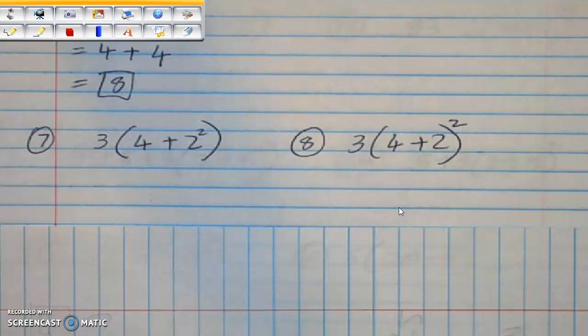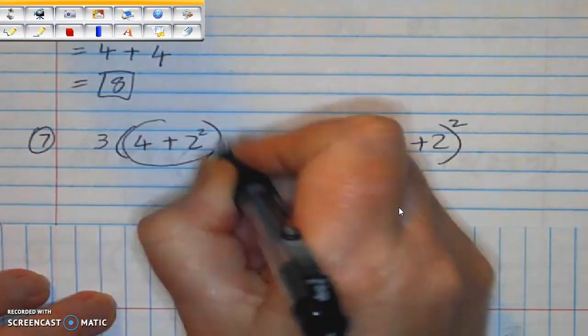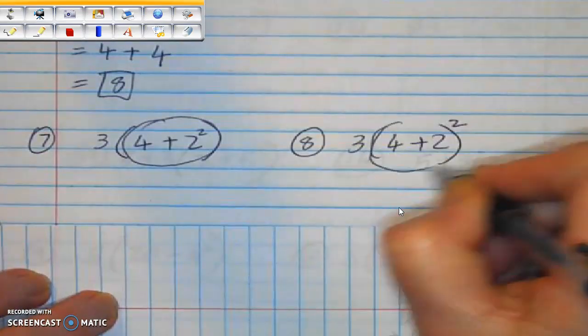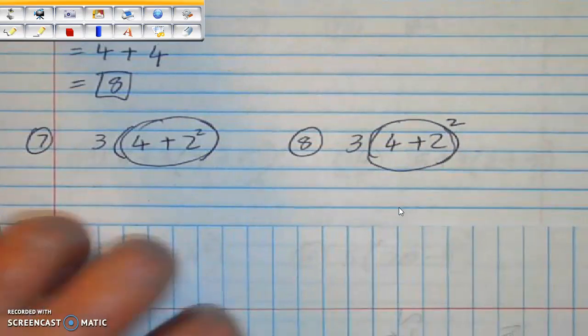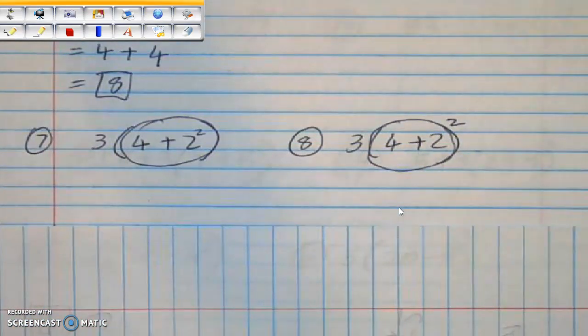One of them has the squared inside the parentheses. The other, the power of 2 or the squared, is outside the parentheses. So remember what I said to you a few moments ago. When you see the parentheses, think of them as a group that you do together. Whatever is inside the parentheses.